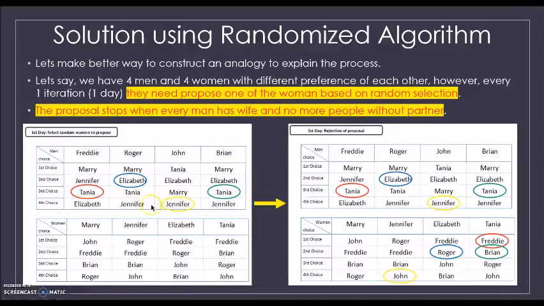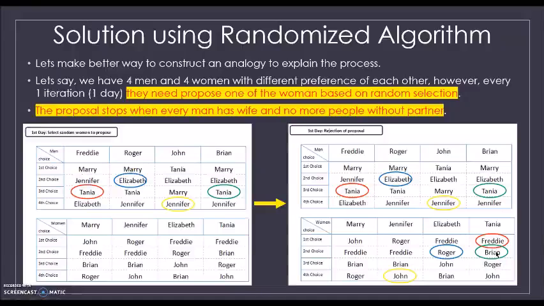Freddie and Brian chose the same woman, Tanya, so Tanya has to choose between Freddie and Brian. Of course, Tanya will choose Freddie because Freddie is her first choice, and Brian will be rejected.